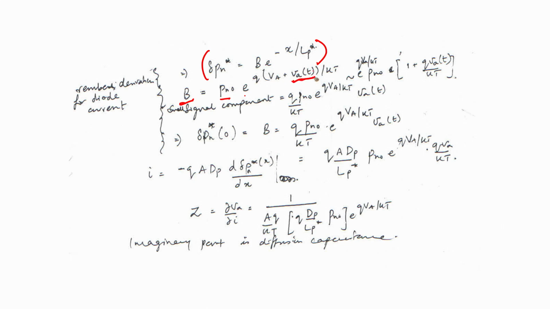The small signal va has got a time based component. So, B turns out to be this particular term. It is going to be Pno e to the power q into the DC voltage plus small signal voltage by kT minus 1.